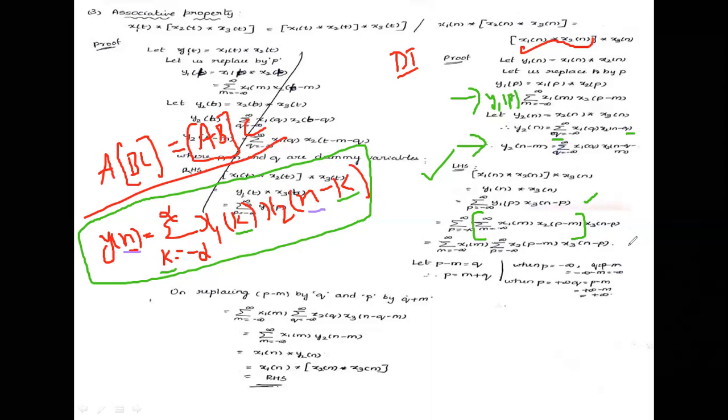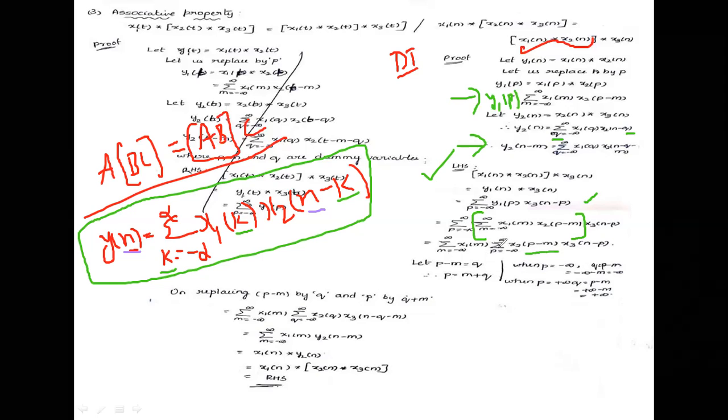We have p minus m and n minus p. So p minus m is equal to q. Therefore, p is equal to m plus q. Changing the values, my dear students. Let's assume p minus m is equal to q, so p is equal to m plus q.